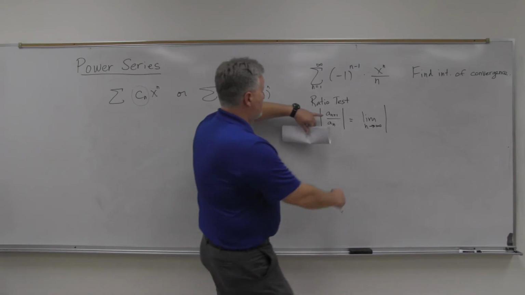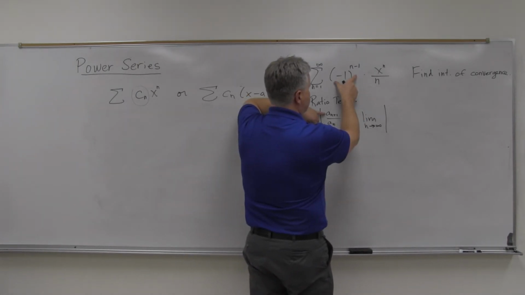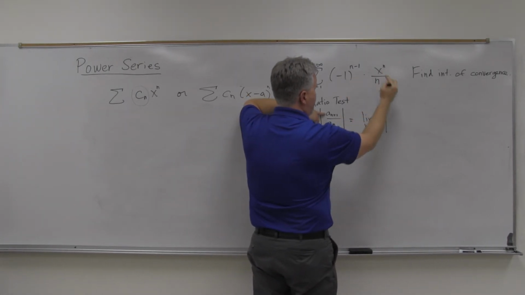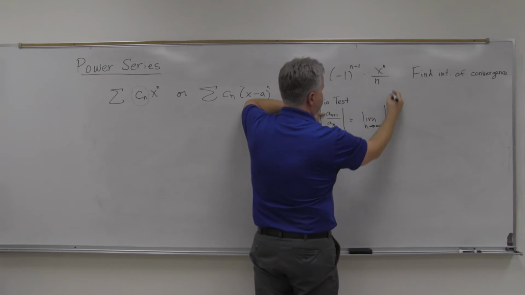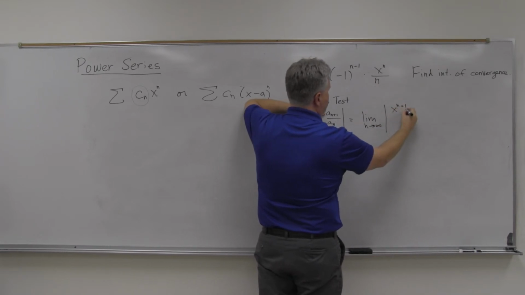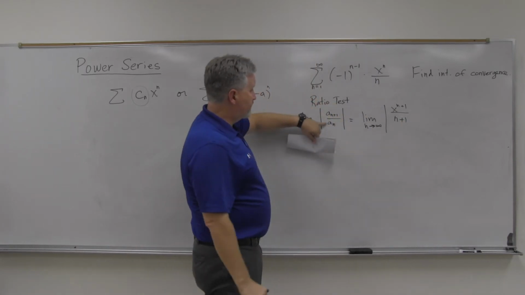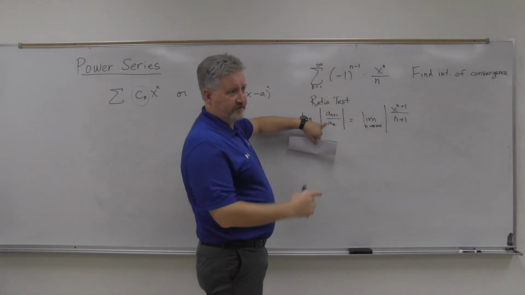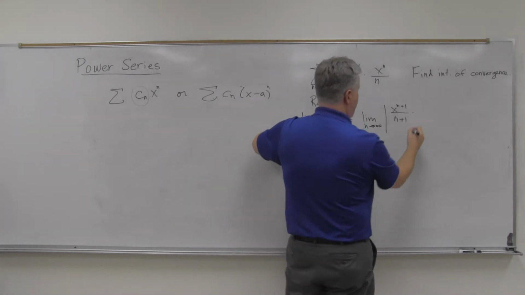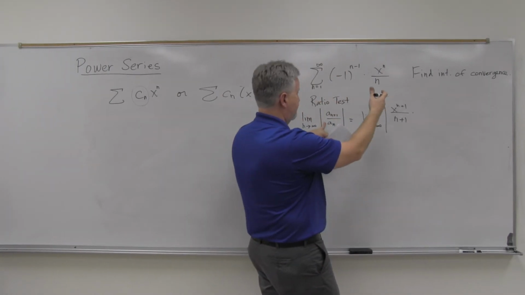Without that, we have the absolute value of the n plus 1 term, x to the n plus 1 over n plus 1. And again, we're dividing by a sub n, so that's going to result in multiplying by the reciprocal of the a sub n term.